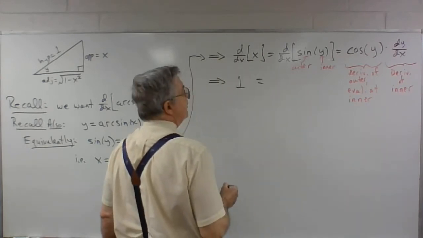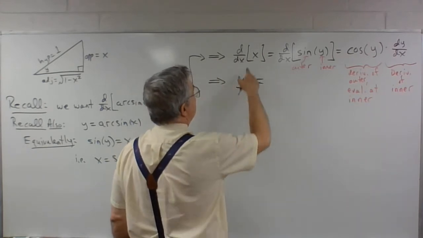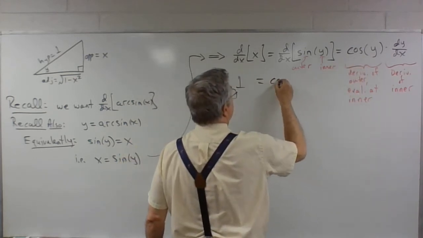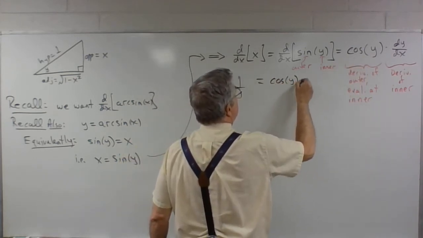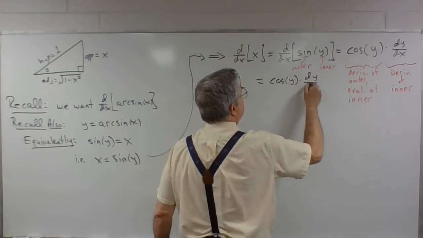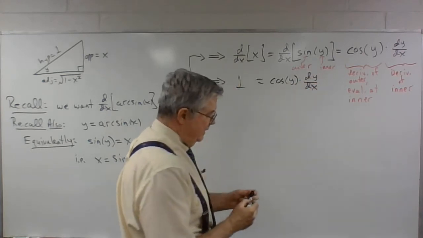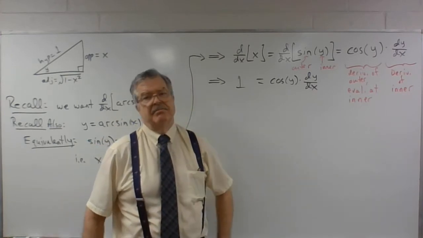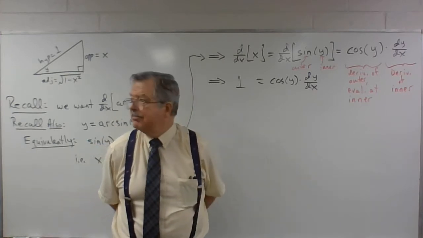Okay, let's recap our results. 1 equals cosine of y times dy dx. Okay. Now what do I do?